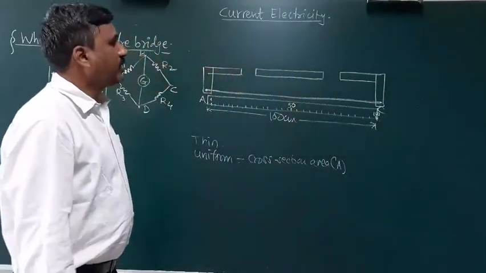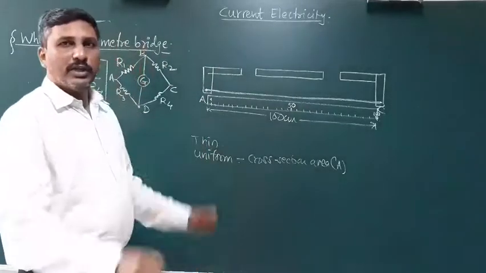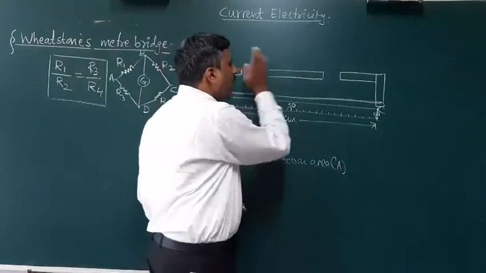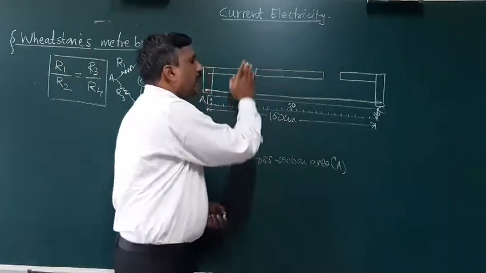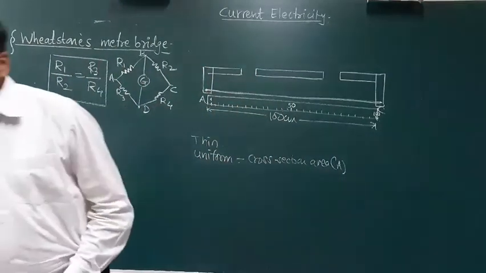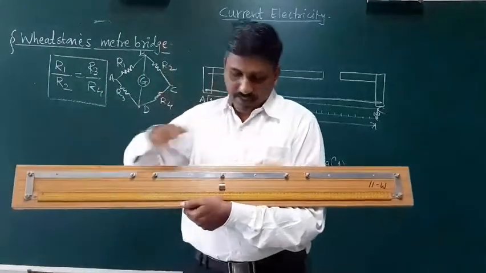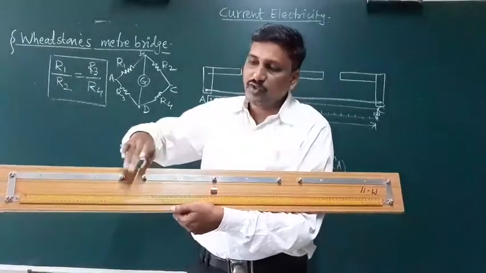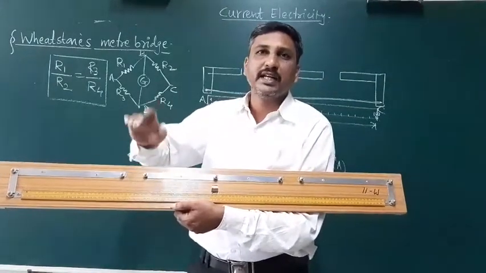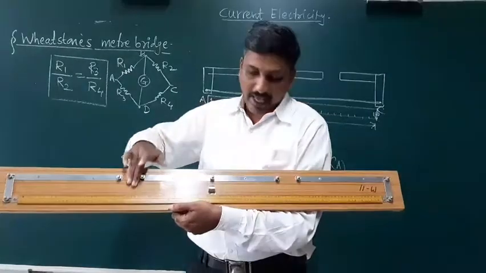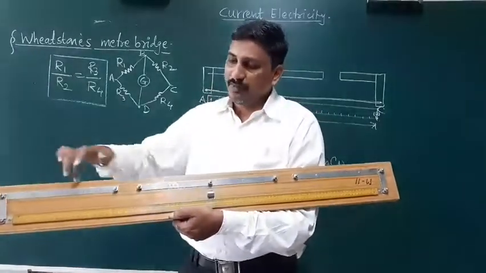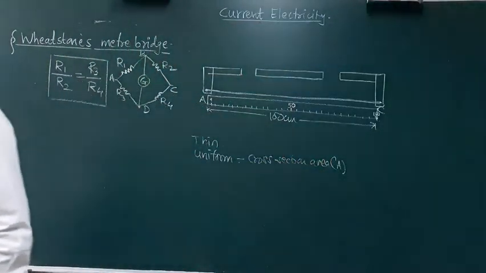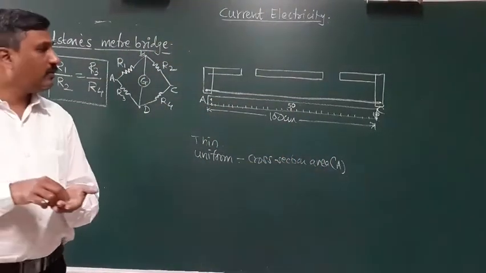They are fixed in such a way that they form 2 gaps. There is no metal, there is totally a gap, only wood. Wood is a bad conductor of electricity. So there is one gap and a second gap.